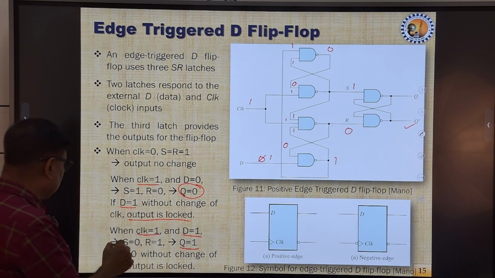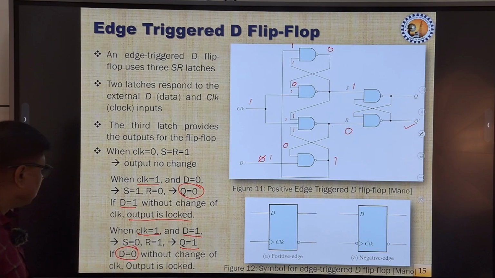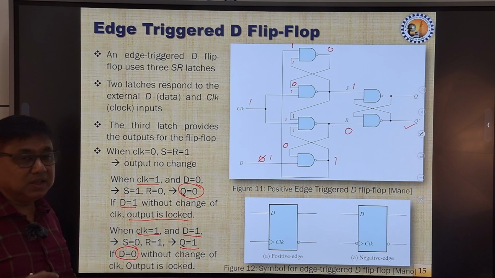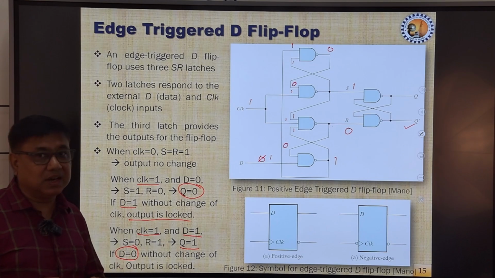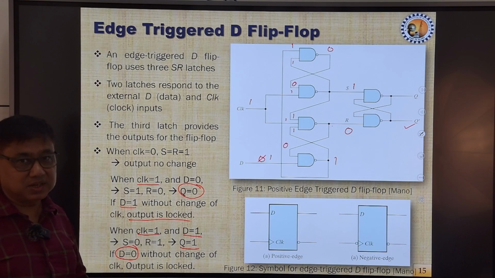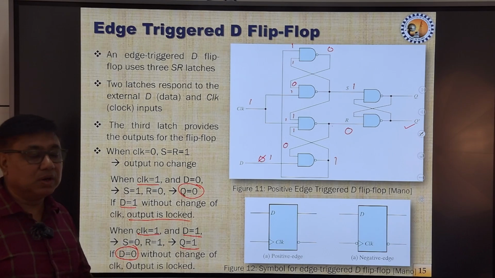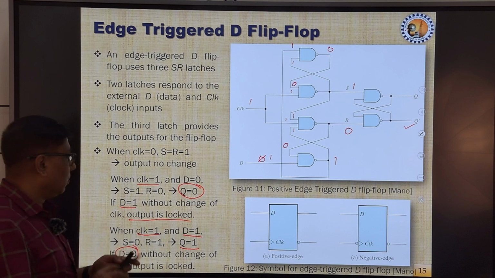During that time if we try to change D to 0, it will not have any impact because it is locked. So, this is how an edge triggered D flip flop works, and this is a positive edge triggered flip flop. That means it will respond to only the positive edge of the clock.